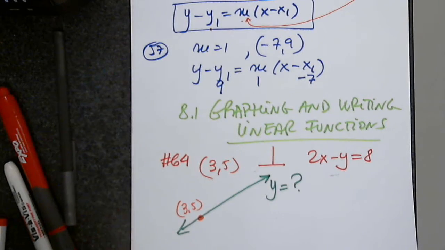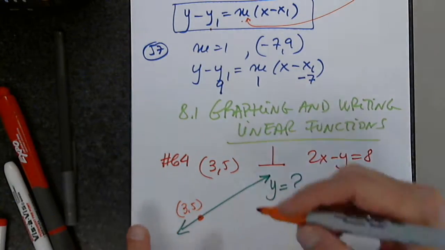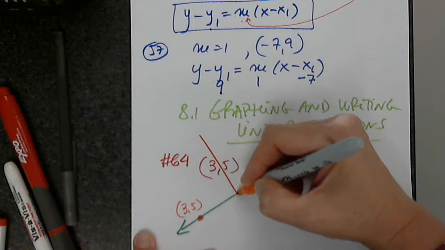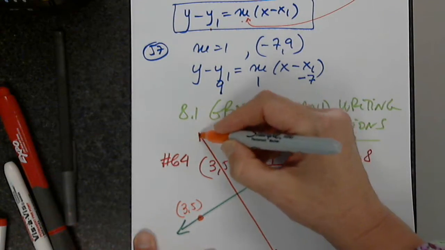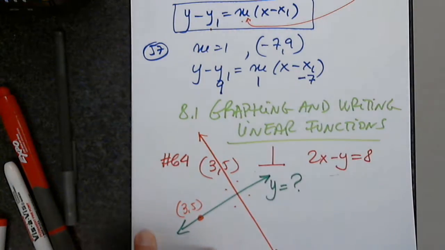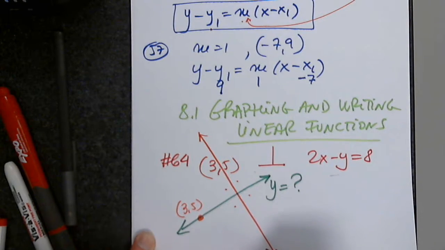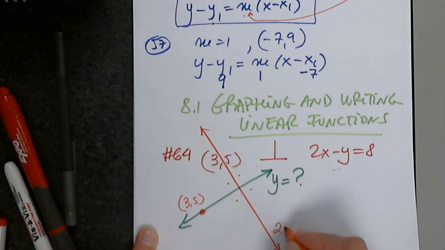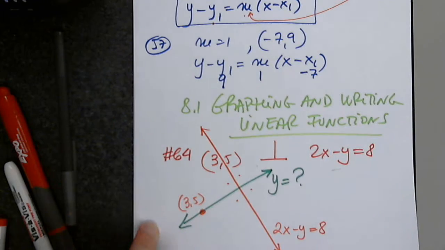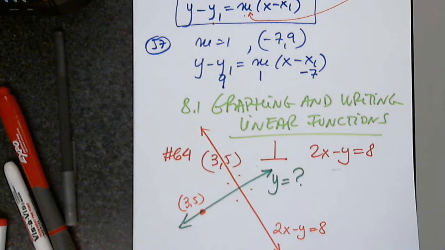And I also know that this line somewhere intersects another line and is perpendicular to it. And the equation of this orange line is 2x minus y equals 8. So I'm asked to find the equation of the green line.